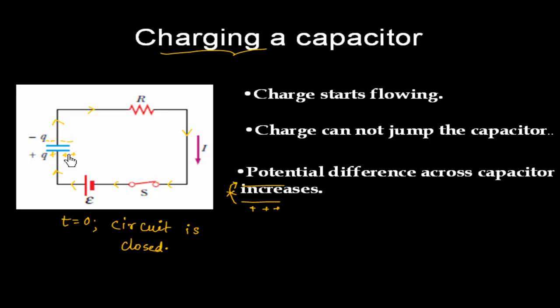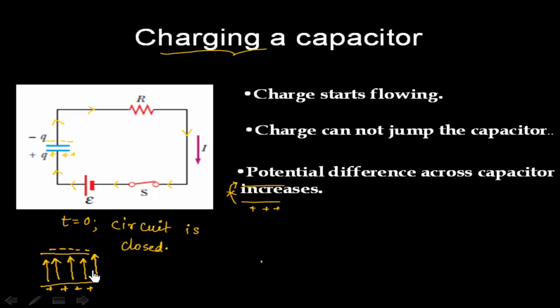Now let us see what happens. Initially there is very little charge, but slowly positive charge will develop here, and negative charge will start developing here. So there is an electric field. Let us say this is the negative plate of the capacitor, and this is the positive plate. So there will be an electric field in the capacitor.